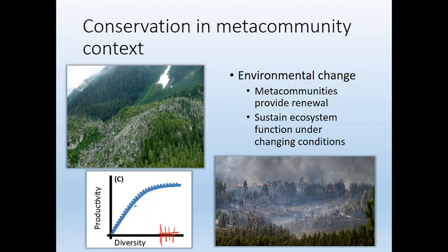So if a habitat has a functioning meta-community, while diversity might start to go down, meta-community dynamics can bring that diversity back up to help preserve some of that ecosystem function, in this case, productivity.